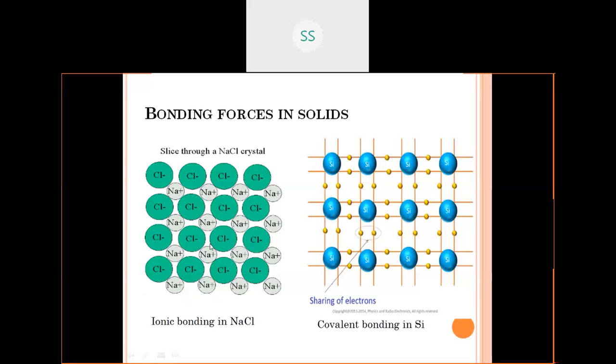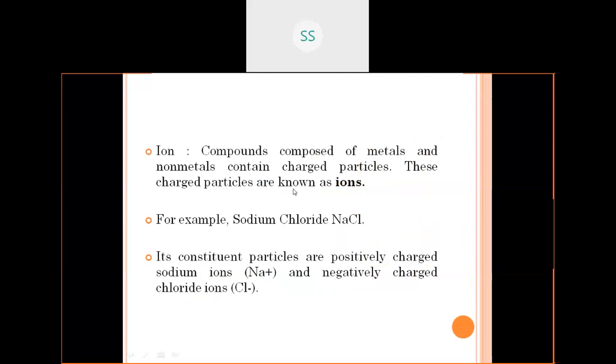But this is only a front view. Actually, in the ionic bonding lattice, each sodium is surrounded by 6 nearest neighbor chloride atoms. I will display that in the next diagram.